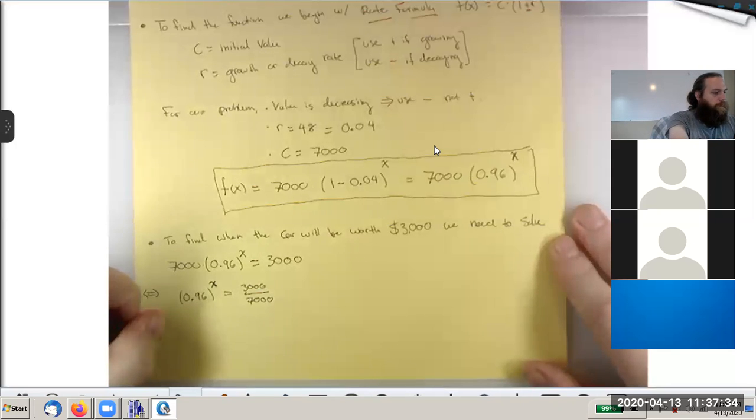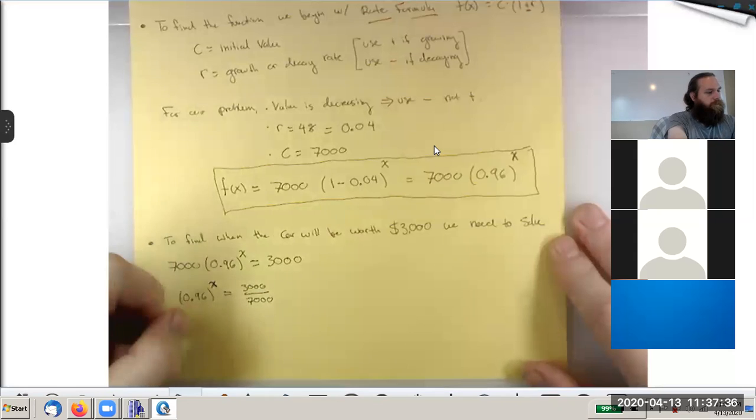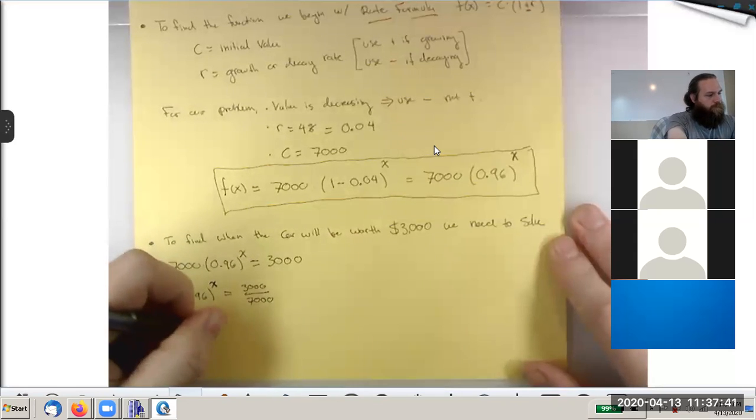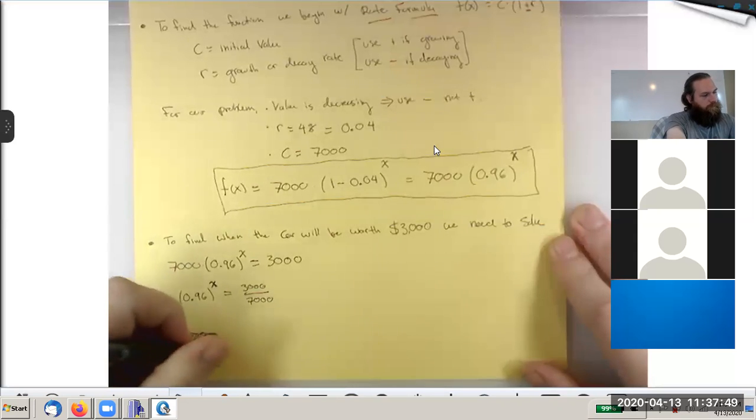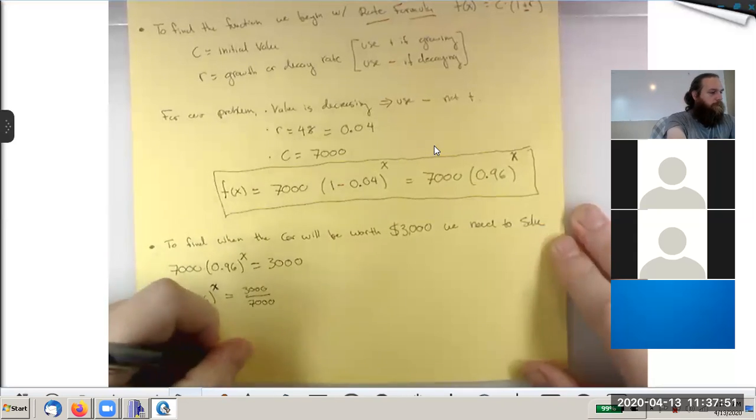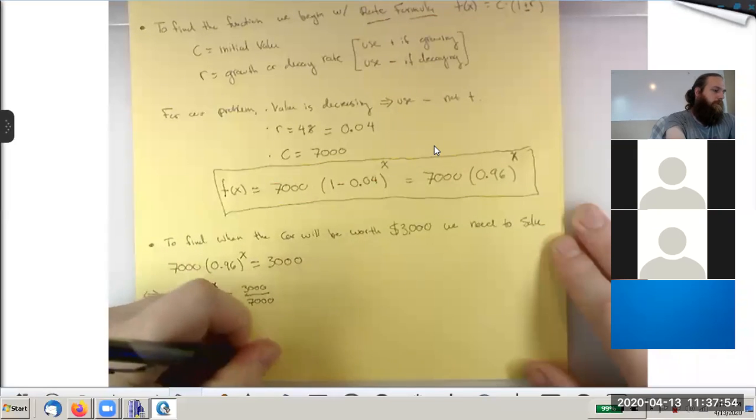That's 3 times 1,000 over 7 times 1,000. That's the same as just 3 over 7. So this is 0.96 to the x equals 3 over 7.